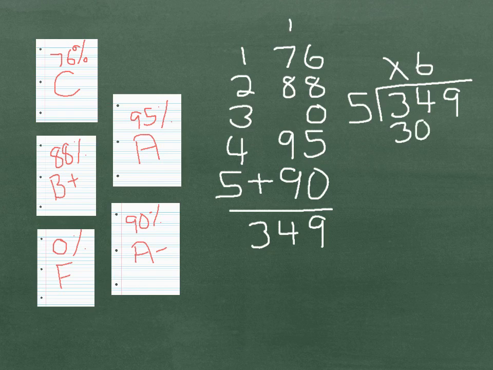I'm going to subtract. We get 4. Bring down the 9. 5 goes into 49 9 times. 5 times 9 is 45. Subtract, you get a remainder of 4.